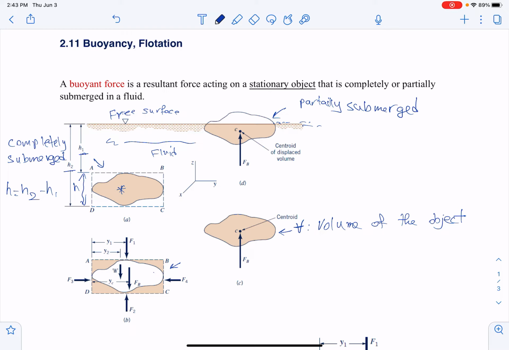Note that the forces I'm going to show on the body are simplified. We add the forces exerted on the plane surfaces of the parallelepiped.